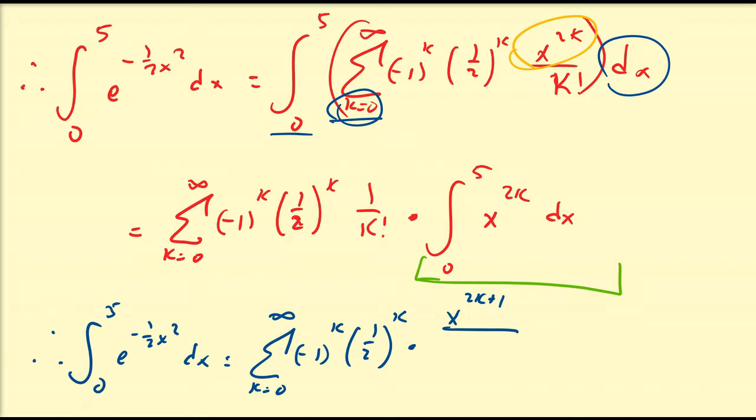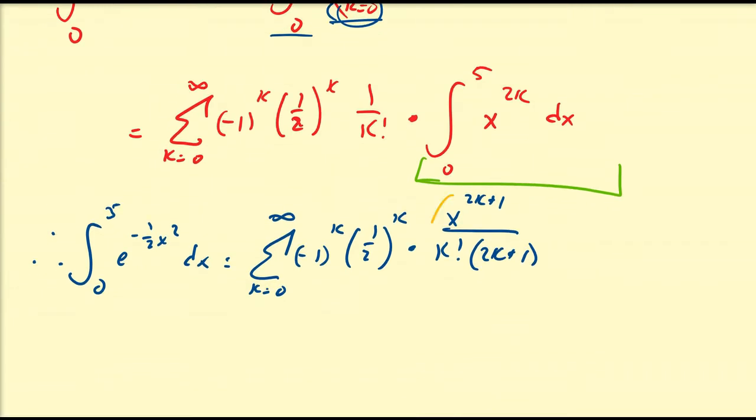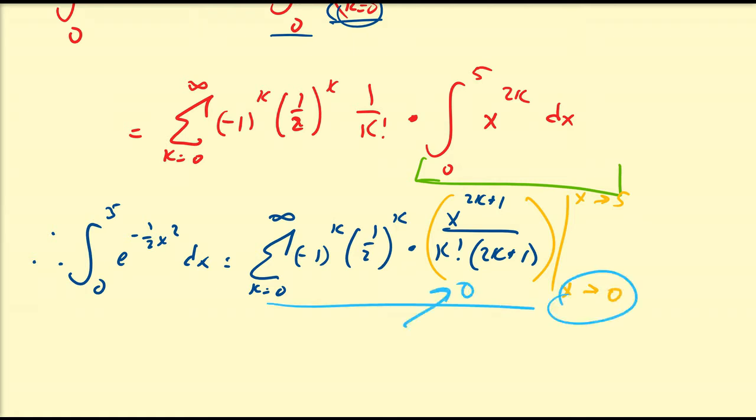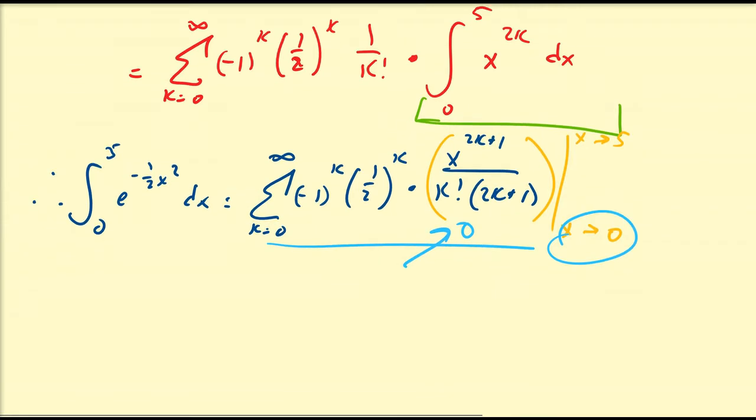We need to evaluate this as x goes to 5 and as x goes to 0. Plugging in 0 sends the whole thing to 0, so that's not going to contribute. We just need to plug 5 in, and that's going to be our value.